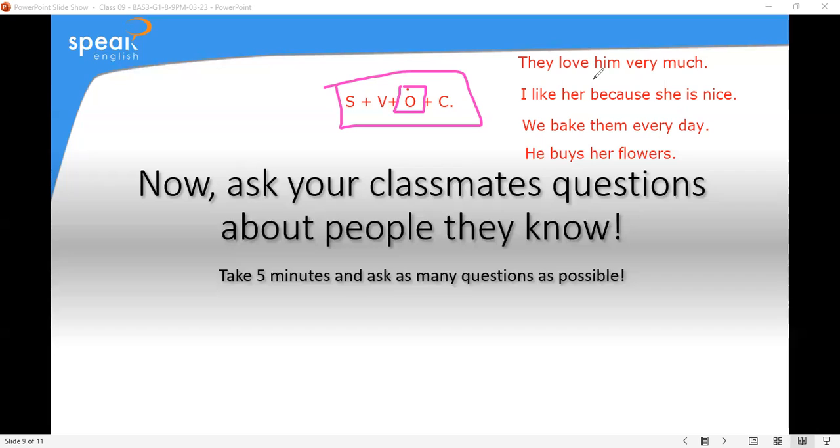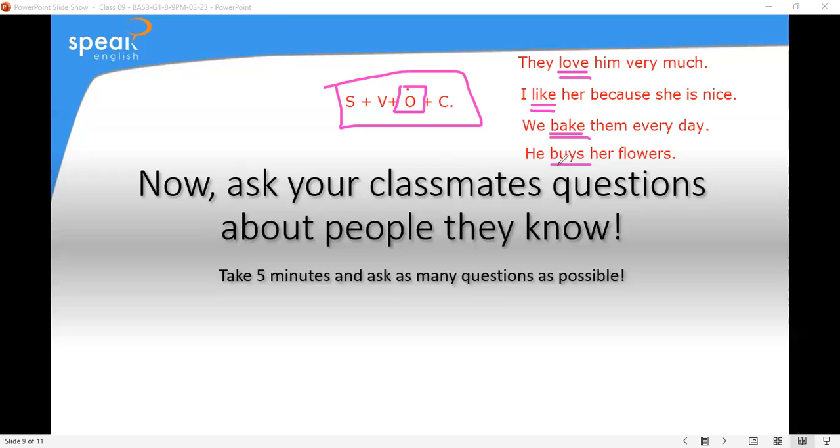Okay, because we normally use objects all the time, but sometimes we don't notice. For example, remember that the objects normally come after the verb, okay? Just to keep in mind this information, okay?